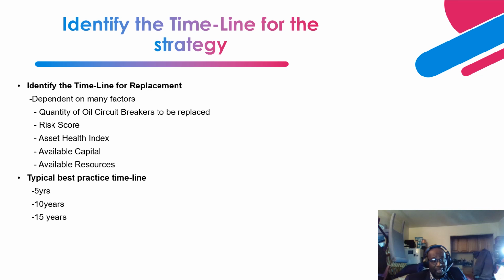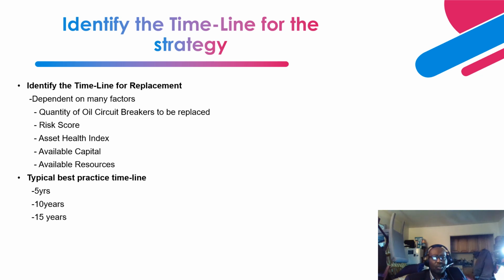Then your risk score, right? The higher the risk score, that tells you that that breaker is about to fail, or on the path to fail, so you want to consider that. Then the asset condition, asset health index, right?